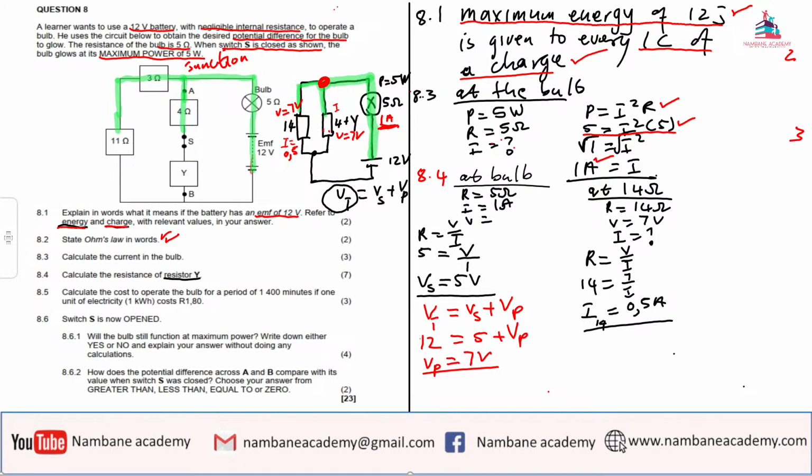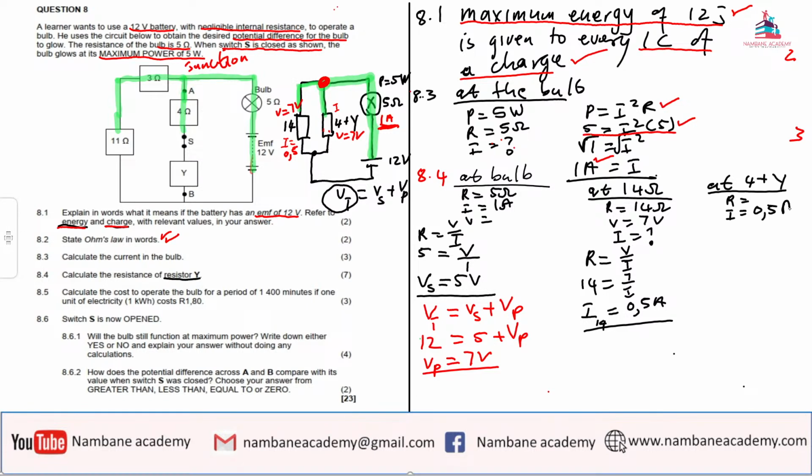Where am I in the circuit? Very, very important, and I will forever emphasize that. Let's take black and say I am now at 4 plus Y. What can I do? Do I have R? No, I don't. Do I have I?